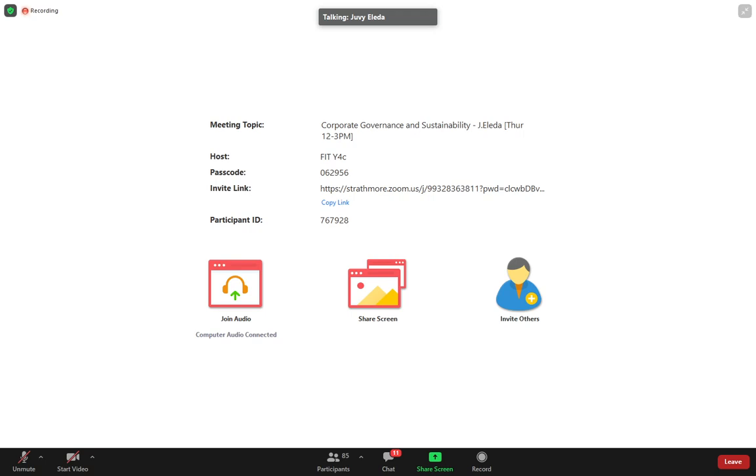But then, at least there is agreement on the core concept, the core values, the pillars of corporate governance, and these are integrity, accountability, transparency, responsibility.